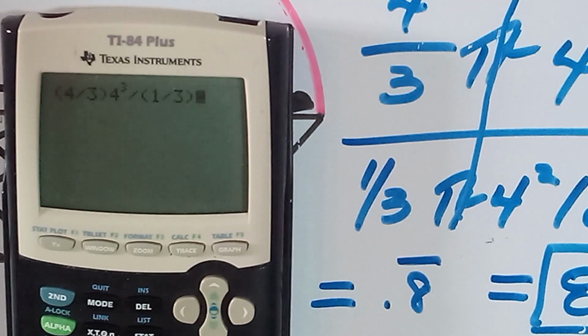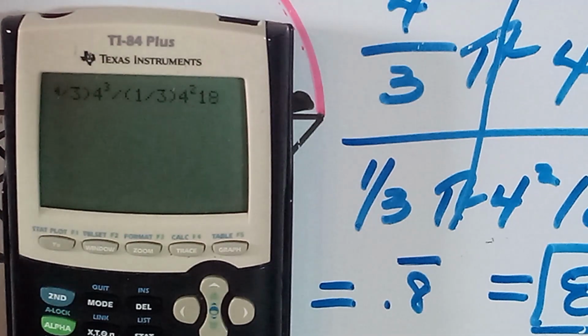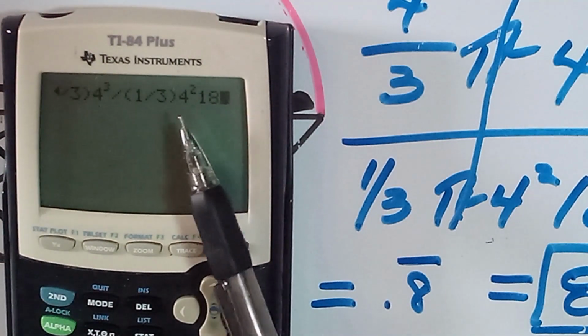So then we have the other, the radius would be 4 squared times 18. And notice that I didn't put a multiplication sign between 4 squared and 18.